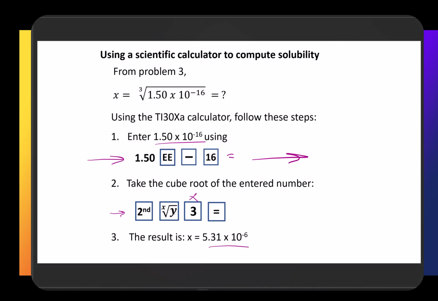You could also use the y to the x key: 1.5 EE negative 16, y to the x, 0.333, and equal. Yeah, I get that same result there.